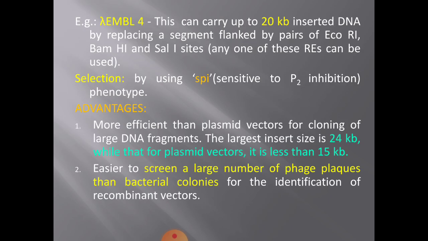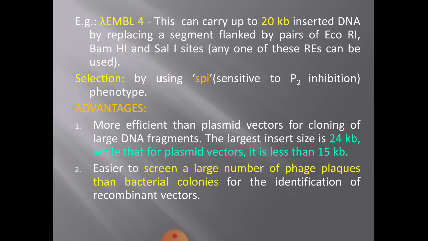Then it is easier to screen a large number of phage plaques in a culture plate than bacterial colonies for the identification of recombinant vectors. So the two advantages are insertion of larger DNA segments up to 24 kb instead of 15 kb, and an easy selection method. These are the two advantages of phage vectors when compared to plasmid vectors.